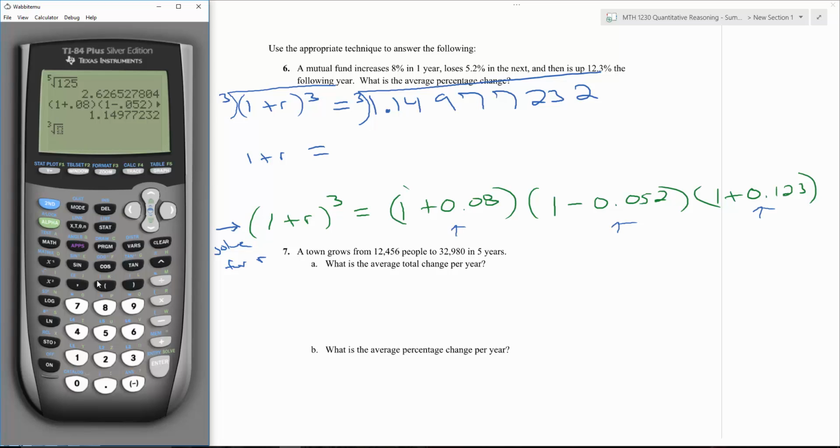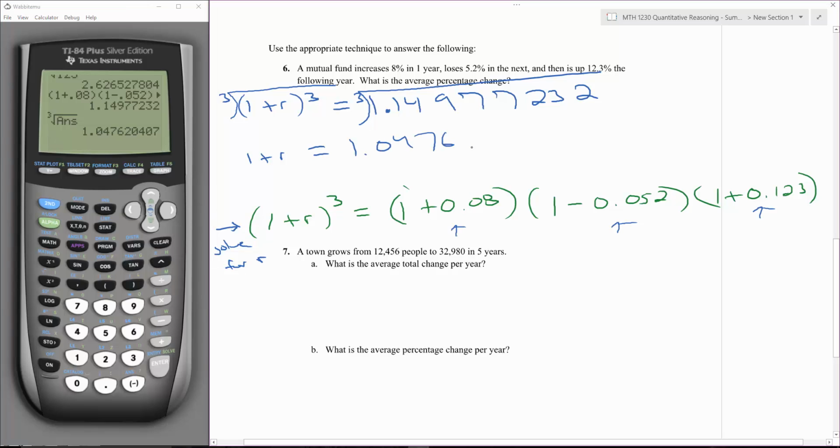Then I can go to second and hit my answer, so instead of typing that whole number back in, I'm saying, just take the cube root of the answer I got previously. If I hit enter, we end up getting this 1.0476 number.